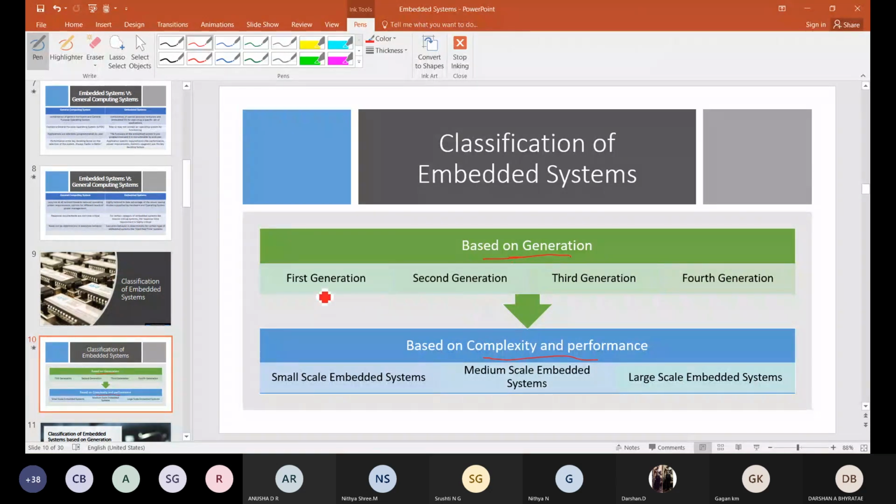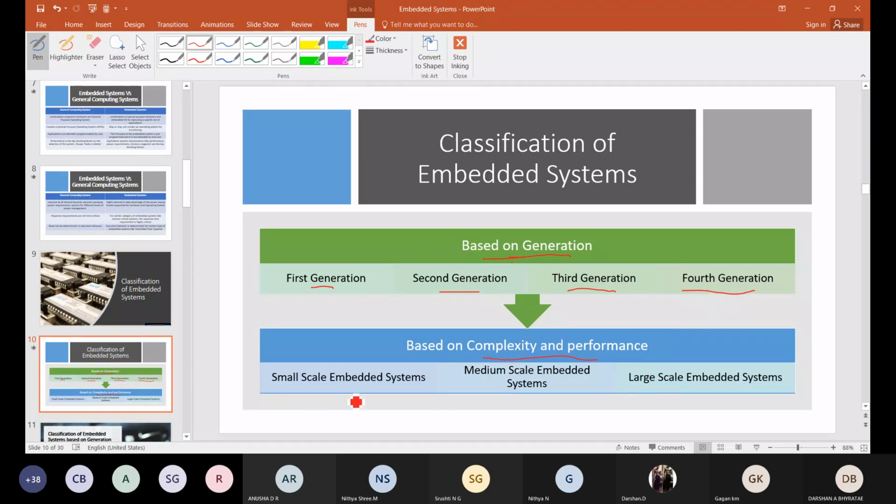Based on the generation, we have first generation, second generation, third generation, and fourth generation. We have four generations in the embedded system categorized based on the generation.